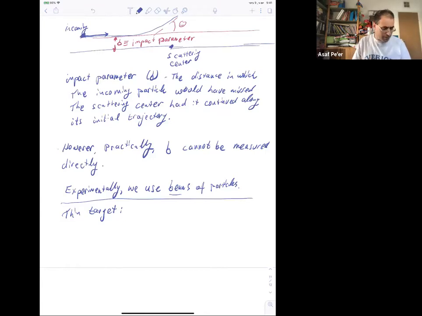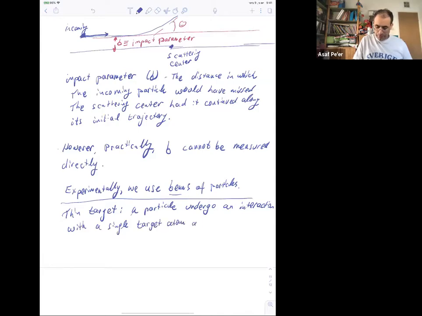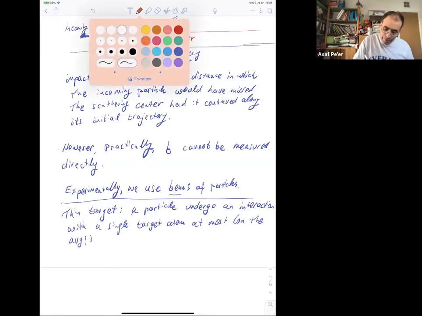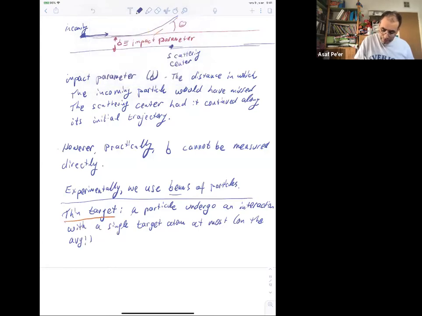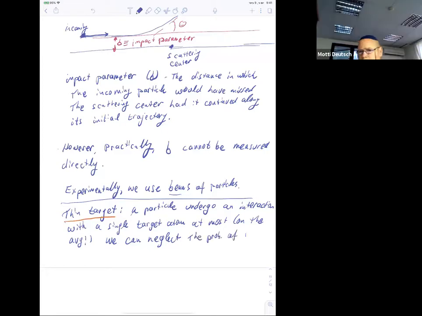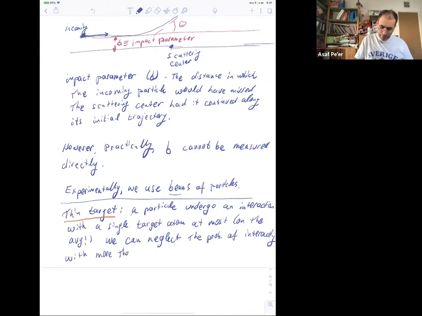So if a particle undergoes an interaction with a single target atom at most on the average, then we can neglect the probability of interacting with more than a single atom.